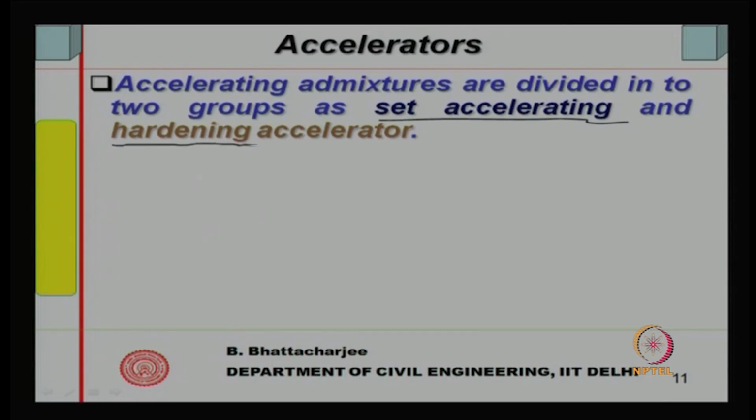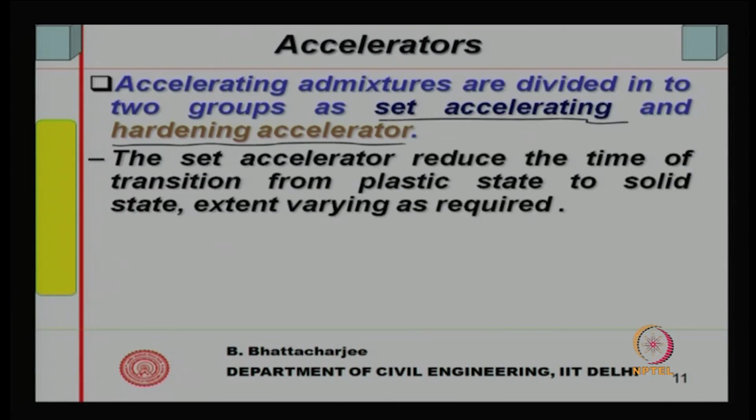Hardening accelerator means it will increase the early strength gain. The set accelerators reduce the time of transition from plastic to solid state, and the extent varies as required, as much as you want.